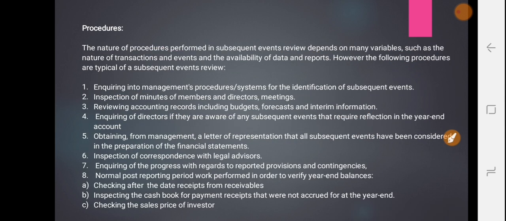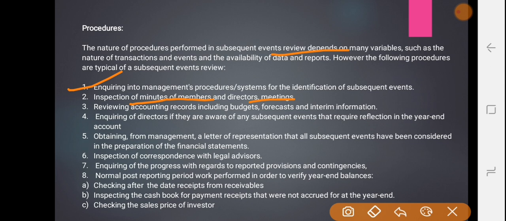Then we have procedures performed in subsequent event review, which include the following. The first one is to inquire into management's procedure system for the identification of subsequent events. Inspection of minutes of members' and directors' meetings, which I have discussed earlier, right?